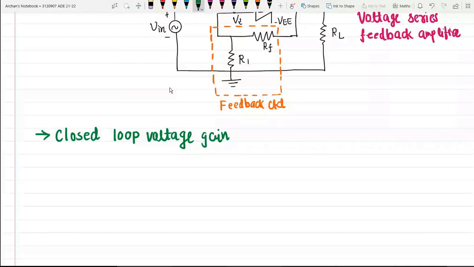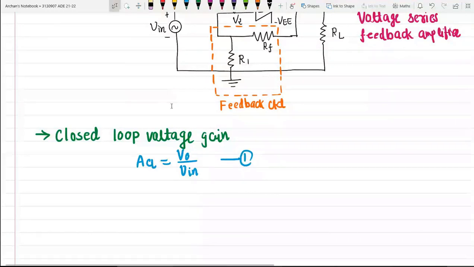So we'll try to relate these two parameters, the input voltage as well as output voltage, in this particular case. Ultimately my closed loop voltage gain is nothing but the ratio of these two parameters.